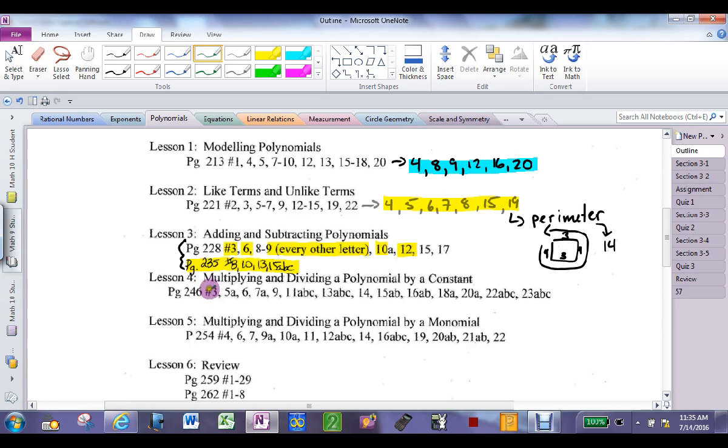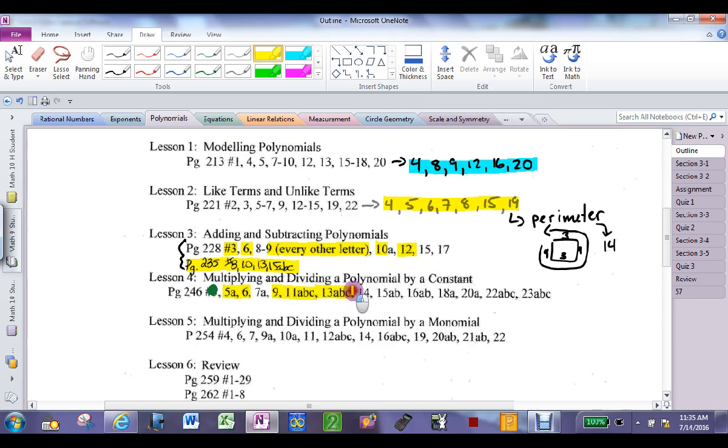You do not have to do 3. I am trusting you on algebra tiles. You do have to do 5A. You do have to do 6. You do not have to do 7. You have to do 9. I like that 11. You're going to do that.